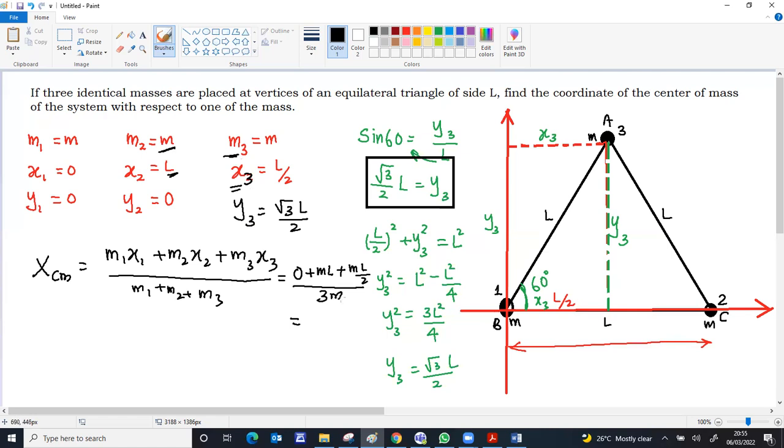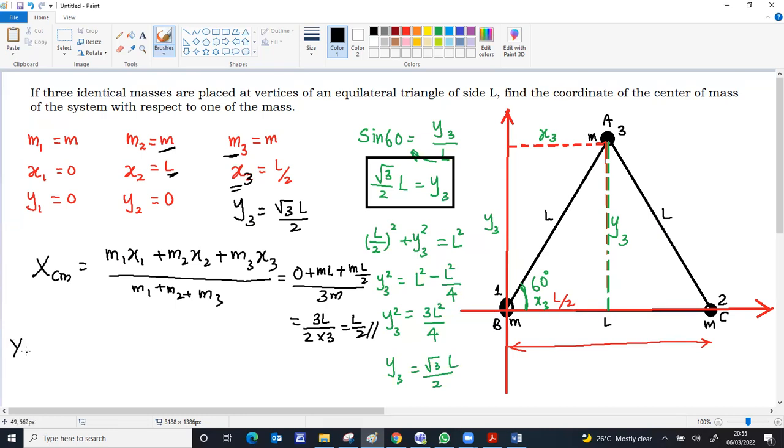When you solve, the m gets cancelled. L plus L by 2 is 3L by 2. With 3 in the denominator, L by 2 is the x coordinate.